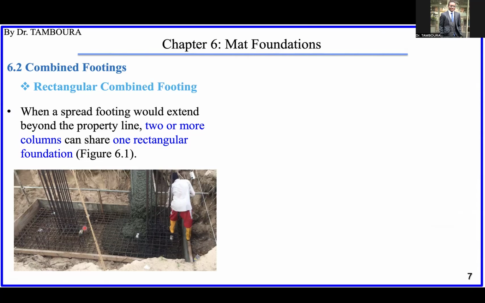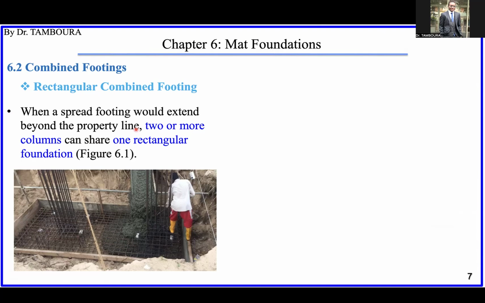You can see the shape is rectangular. Okay, so when do we have to do this kind of combined footing exactly? We do it in case, for example, if you were to do a straight isolated foundation, your foundation would go beyond the property line. Imagine you have your land and the limit of your land is known.